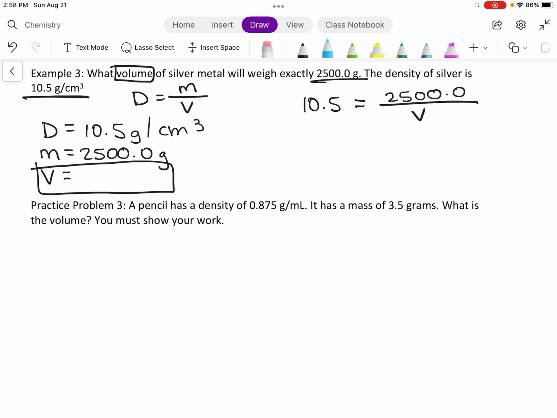We're going to do some algebra. We're going to multiply both sides by V so that I can get it out of there. And then we're going to divide both sides by 10.5.